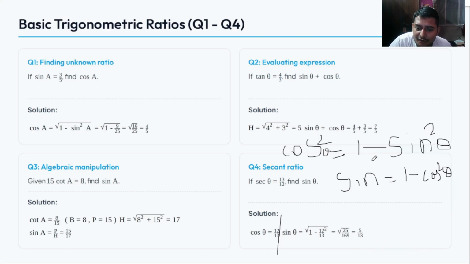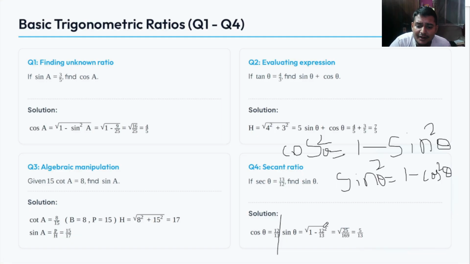Sine square theta equals 1 minus cos square theta. So sine theta equals root over 1 minus cos square theta. So we are putting the value of cos theta in this expression: sine theta equals root over 1 minus 12 by 13 whole square.